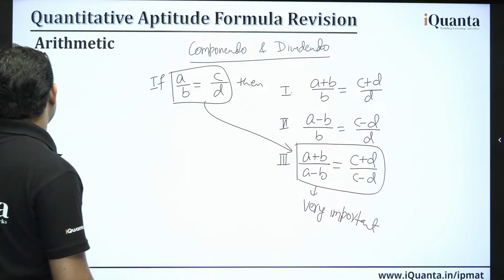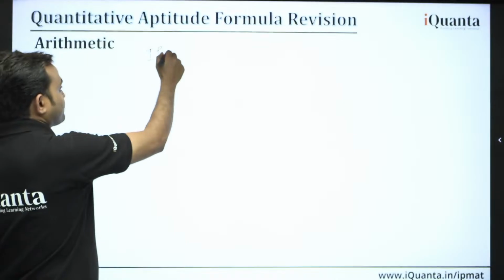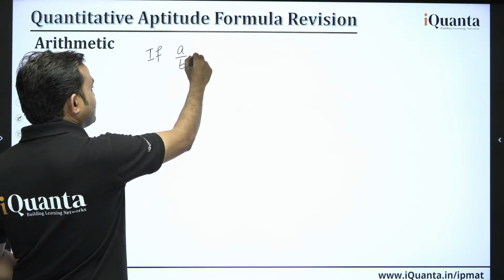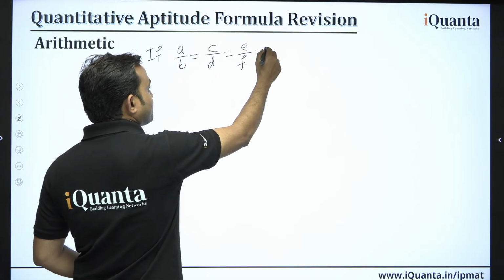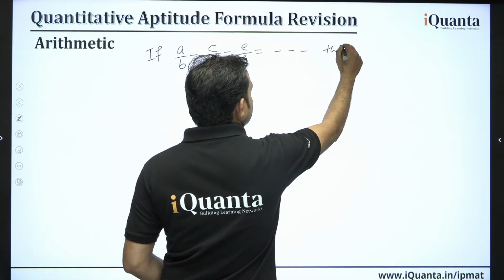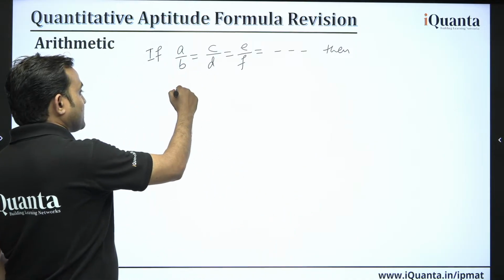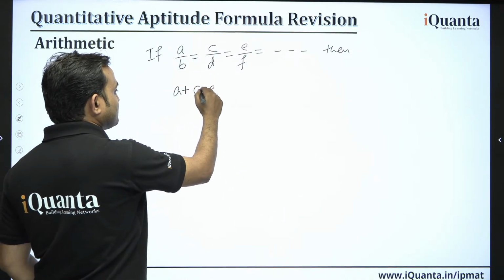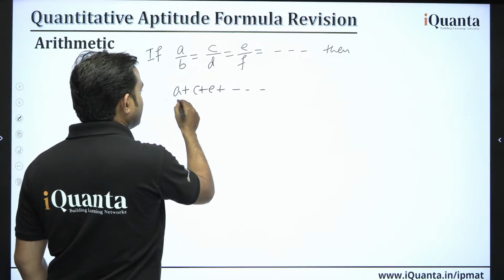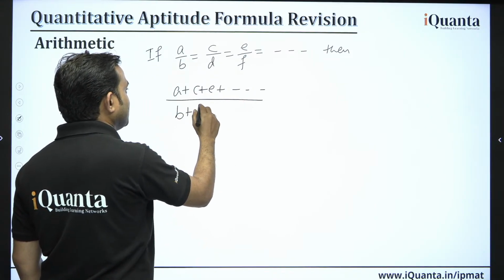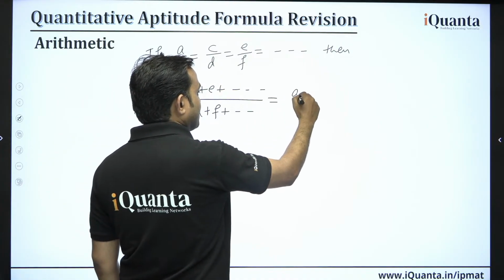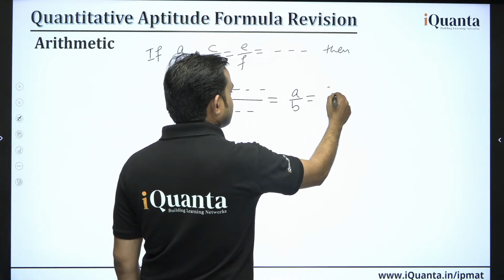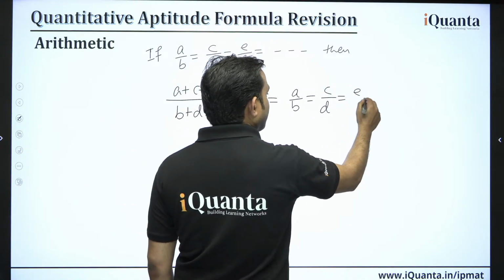Now, apart from this, there is another concept: if A by B is equal to C by D is equal to E by F and so on, then we can say that A plus C plus E divided by B plus D plus F will be the same as A by B or C by D or E by F, okay?